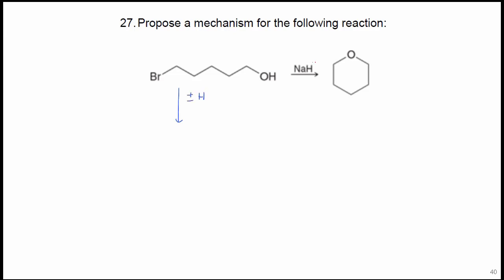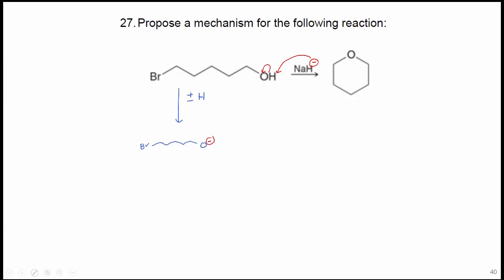So this H is negatively charged. It's going to grab the most acidic proton, which is the alcohol proton that has a pKa of around 16. So it'll take that proton. The electrons from the oxygen to hydrogen will go on to the oxygen. So that will be negatively charged.